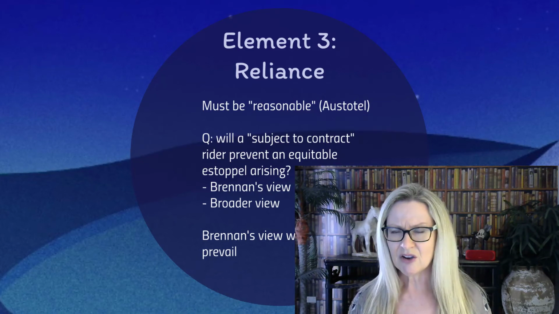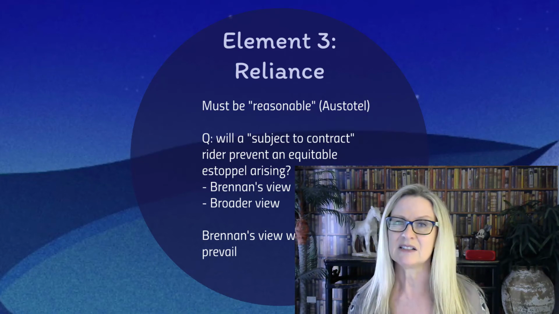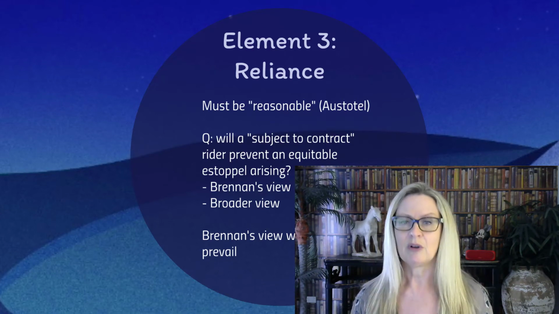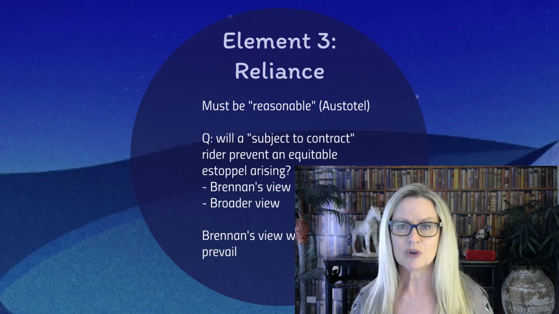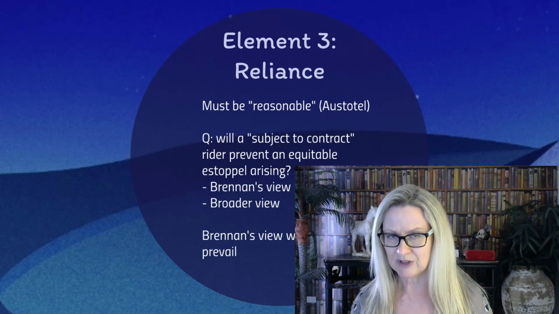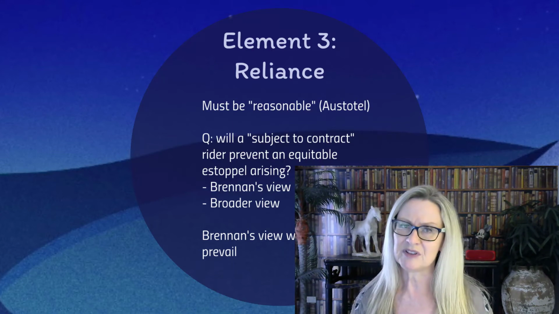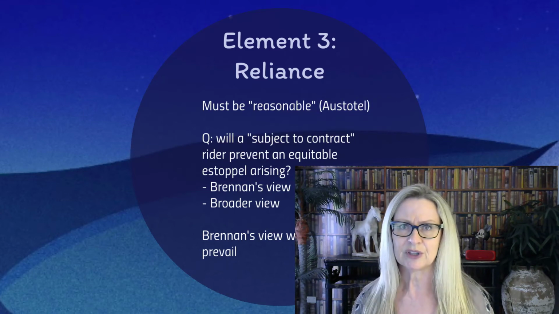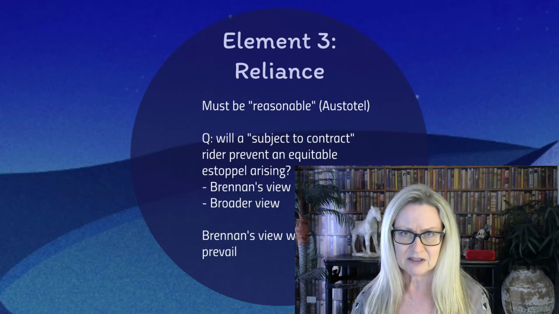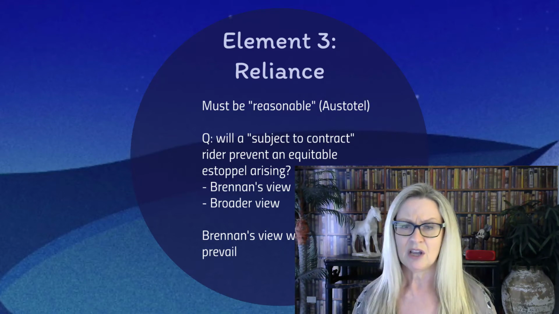So what about in that kind of situation? If one of the parties expressly says, look, this is all subject to contract, what does that mean? Does that mean that what is said in those negotiations really can't be the subject of an estoppel, because it's very clear between the parties that no legally binding agreement is intended to come into play yet?